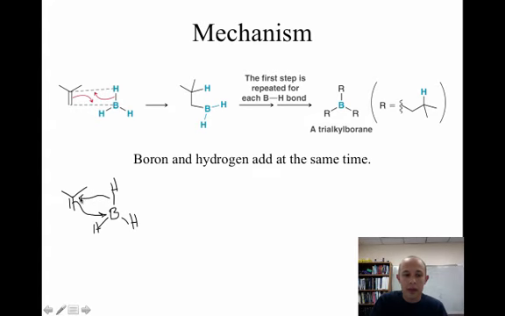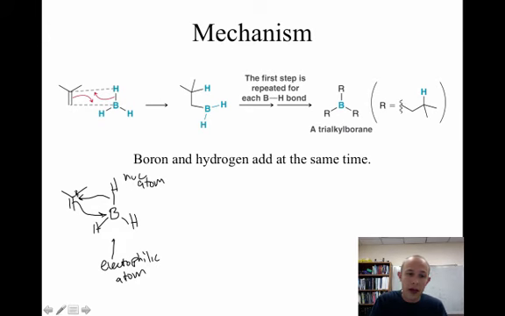So notice what's happening here is that in Markovnikov's rule, right, the electrophile always goes to the less substituted carbon to generate the more substituted carbocation. That's exactly the same thing that's happening here. The only difference is that in this reaction, boron is the electrophilic atom, and hydrogen, in this rare case, is the nucleophilic atom.